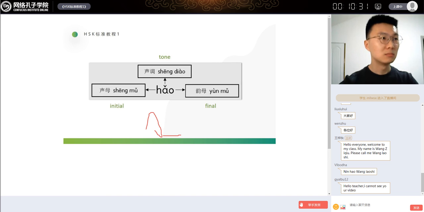And this one is 声调, tone. Pinyin consists of three parts: 声母 initial, 韵母 final, and 声调.